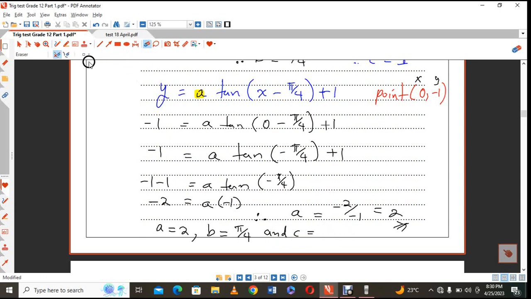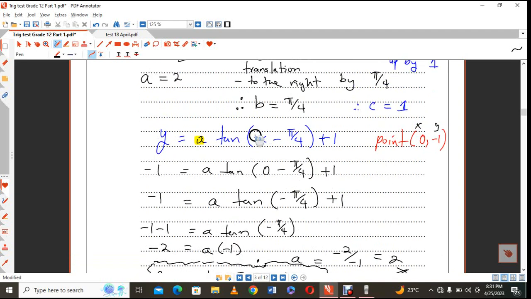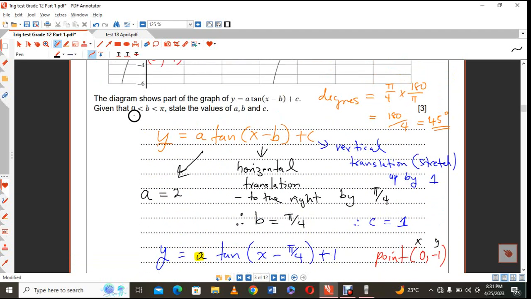Just to correct that, c equals 1. So this here is the final solution. Each one of these is an independent mark. You get a mark for a, a mark for b, and a mark for c. And make sure that b is given as pi upon 4 in radians, because the domain was given to you in radians.